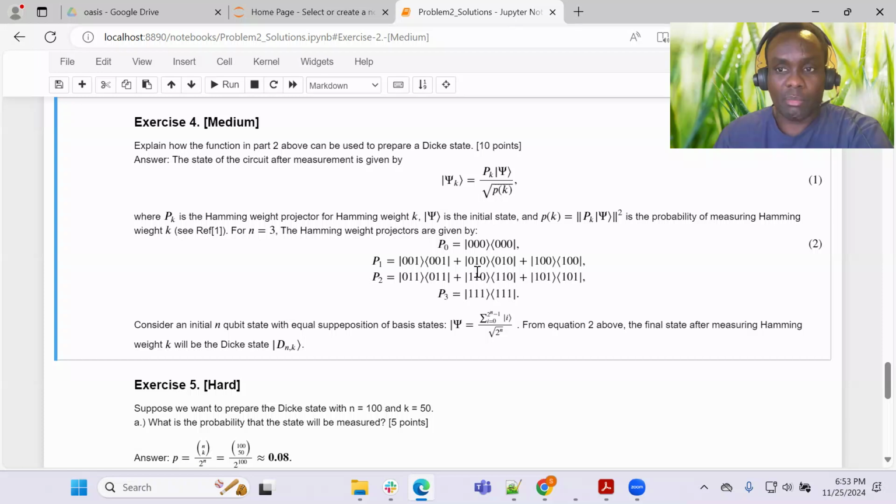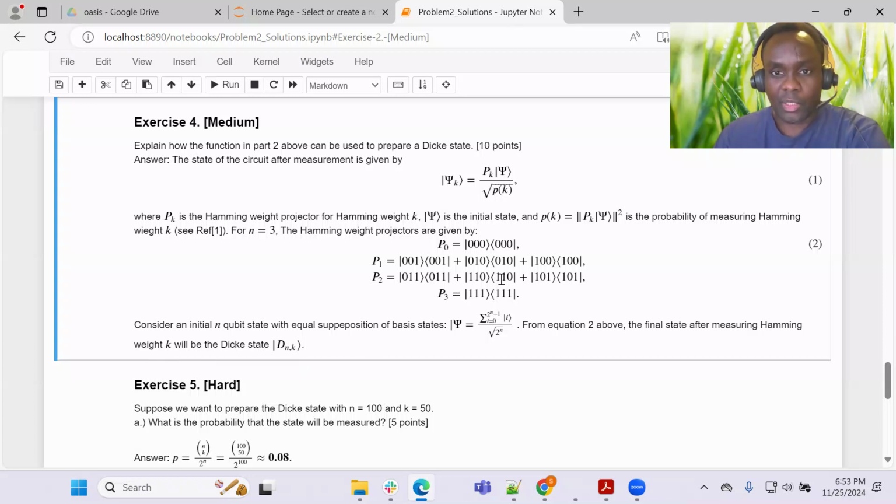Now, based on equation 2 here, if an initial n-qubit state has equal superposition of basis states, such as given by psi here, then from equation 2 and equation 1 above, from these projectors right here, you can clearly see that the state after measuring Hamming weight k will be just a decay state k.